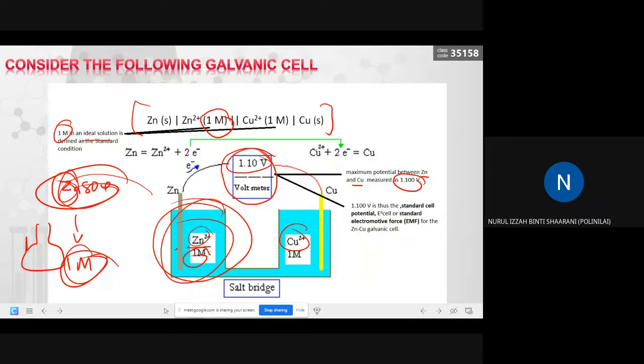So 1.10 volt is the standard cell potential ataupun E0 cell, or standard electromotive force ataupun EMF for the zinc copper galvanic cell. Sama ada nak pakai E0 cell ke, cell potential ke ataupun EMF, semua ni merujuk pada benda yang sama lah.